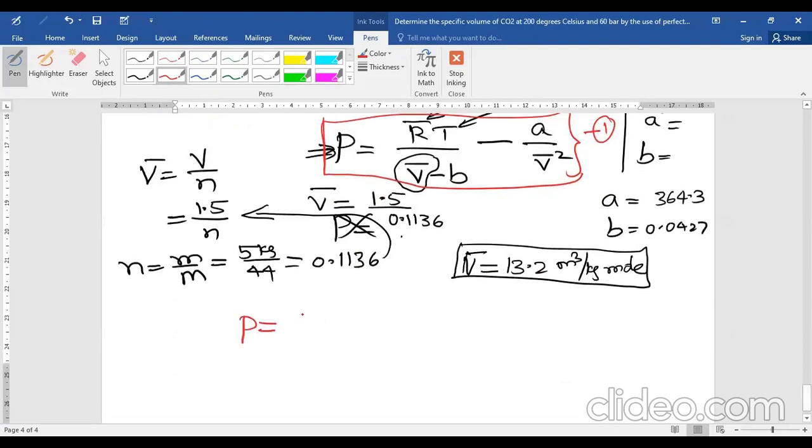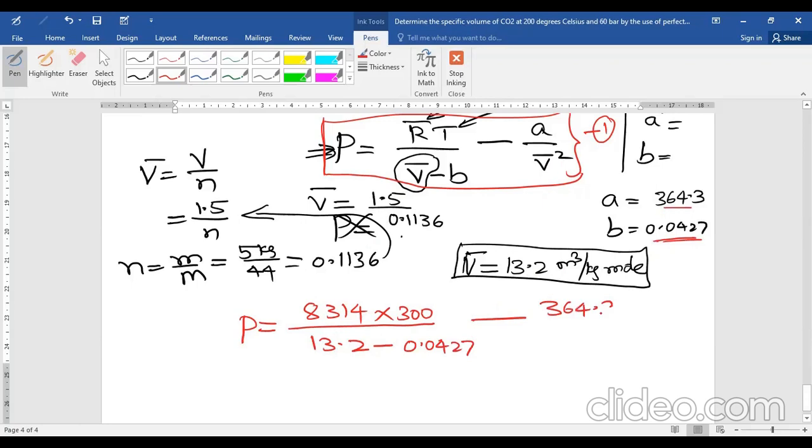P is equal to 8314, temperature is 300, divided by V bar is 13.2, minus B is 0.0427, minus A value 364.3 divided by, and dear students, it is V bar square, molar volume square, so do not forget.